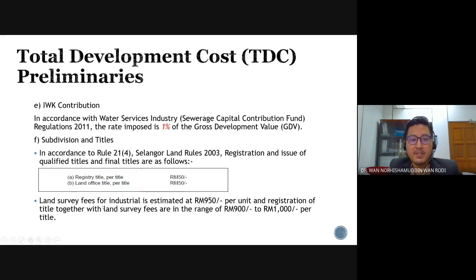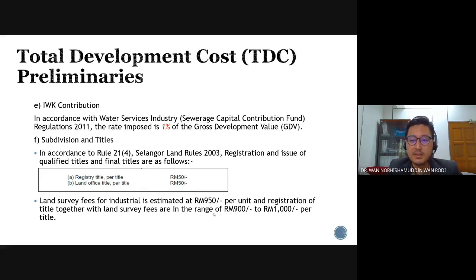Okay, land survey fees for industrial is estimated at 950. This is one example from a real project. So you have to pay land survey fee for industrial estimated at 950 per unit. When you total up with the 50 ringgit, you will get around 1,000 per unit for subdivision and title.